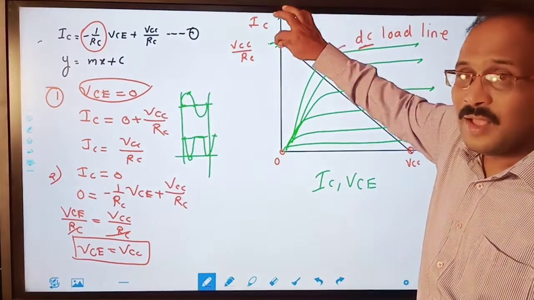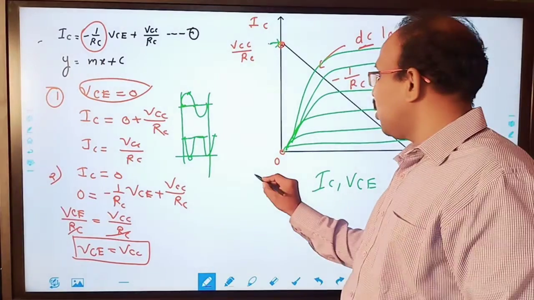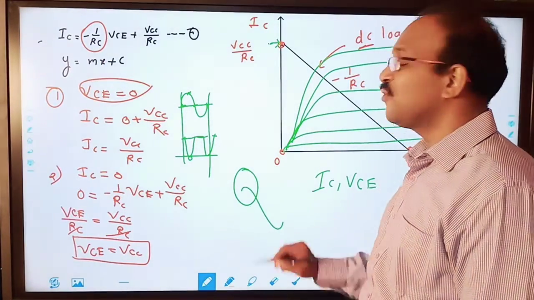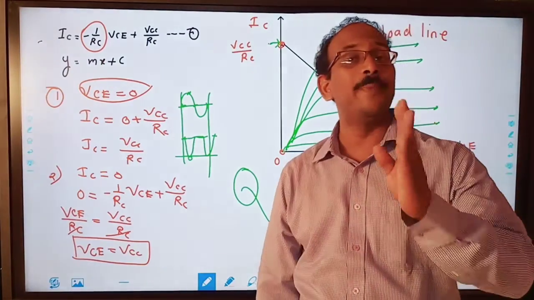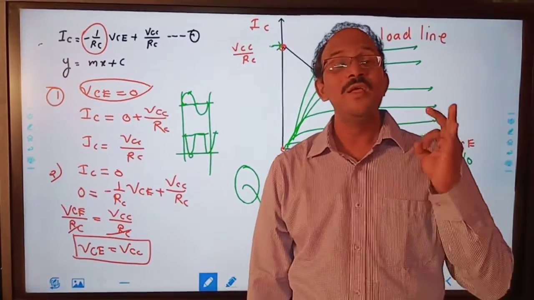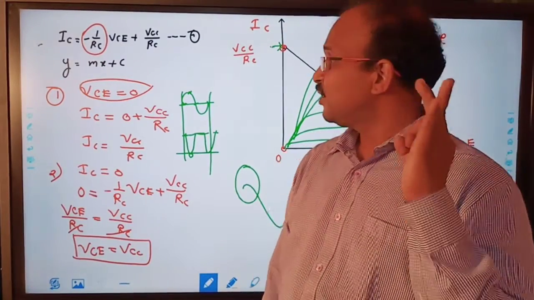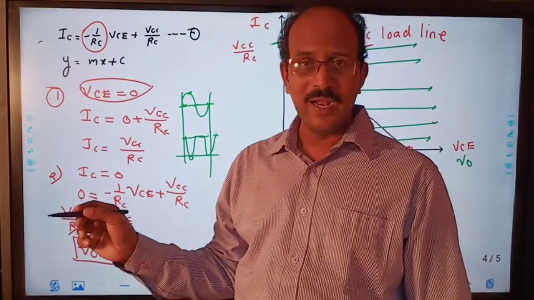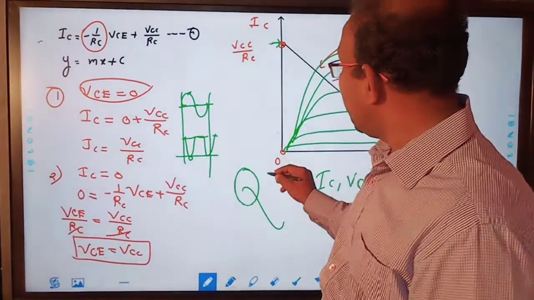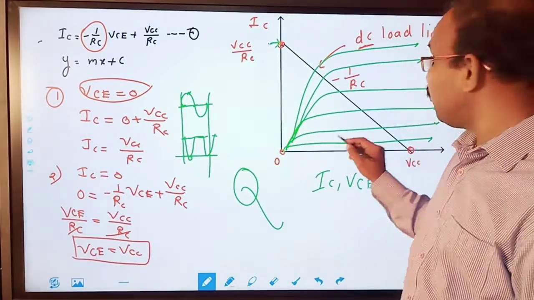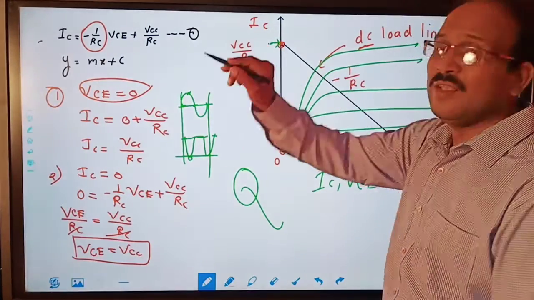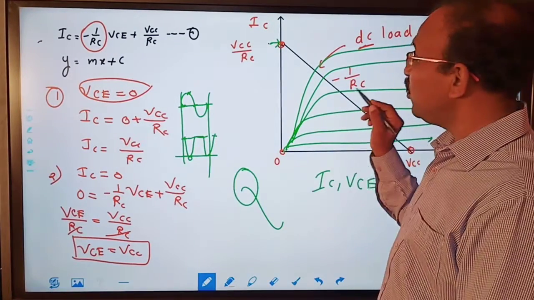Okay? And that point is called the Q point. That is called the quiescent point, or the operating point of the transistor. What is the operating point of the transistor? It is where the transistor operates when input is not connected. Correct? But this operating point is varying from this to this. But actually there is a problem.